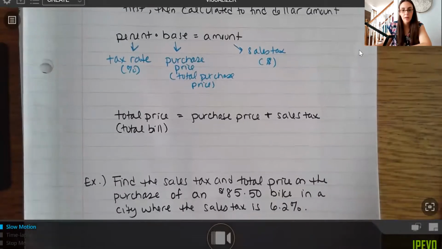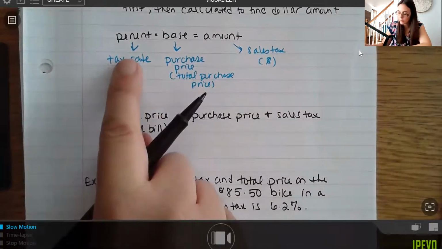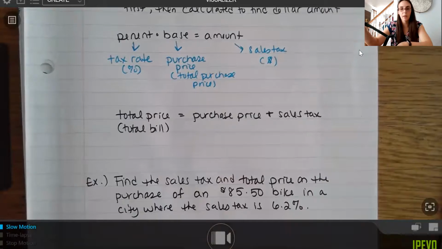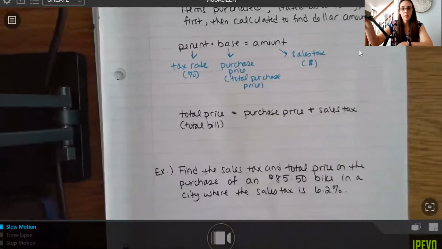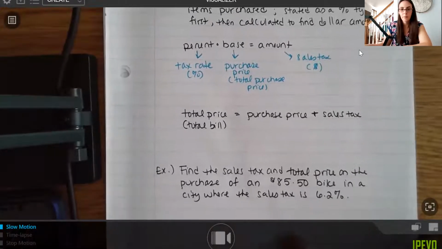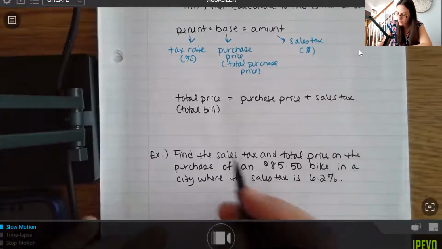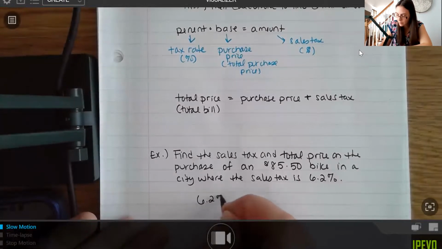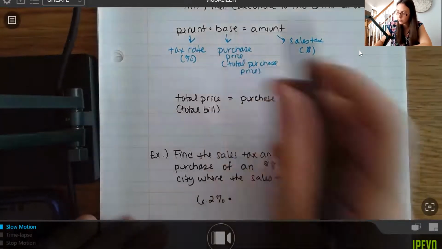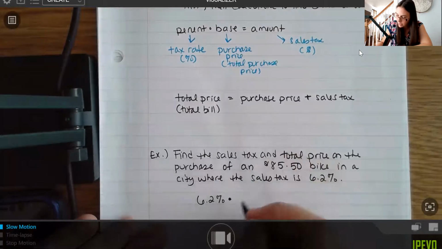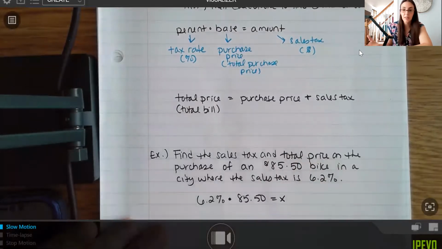So going up here, I have my tax rate comes first. So it's going to be, let's see if I can zoom out a little bit. That's going to be that 6.2% times your base, which is your purchase price. So it's that 85.50 is going to equal your sales tax.